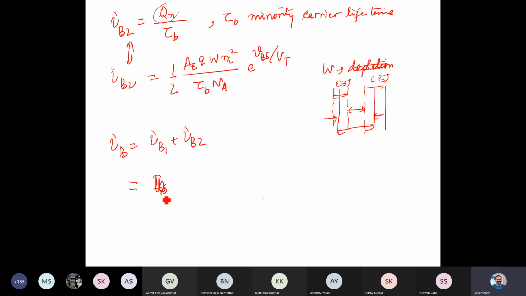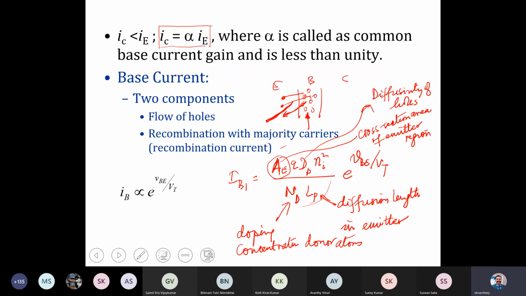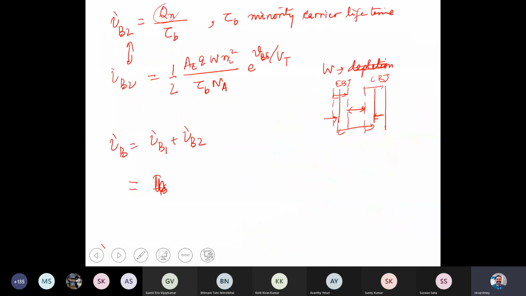That means here we have this IB1 component, and then we have the IB2 component. So we can write this down and make use of both expressions.